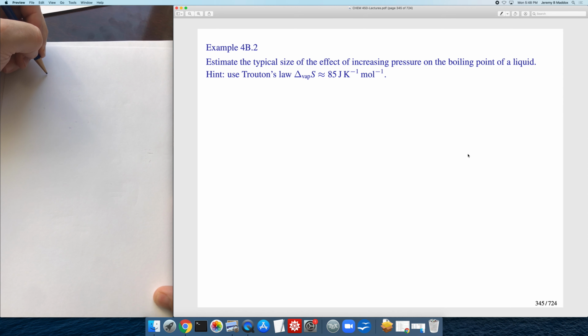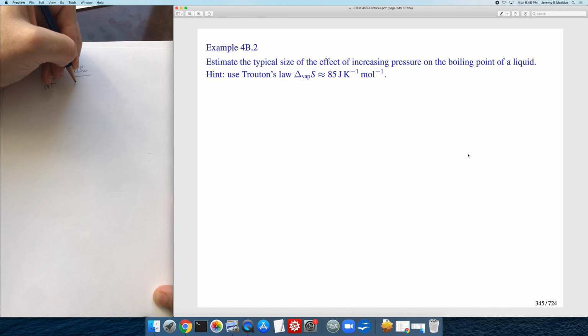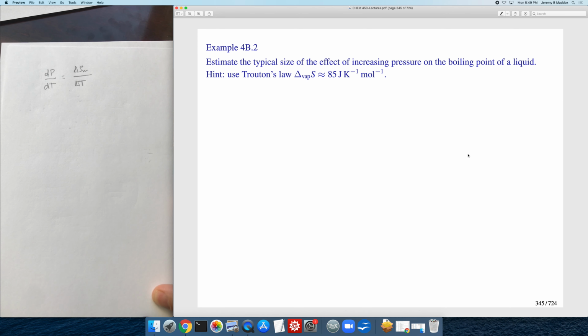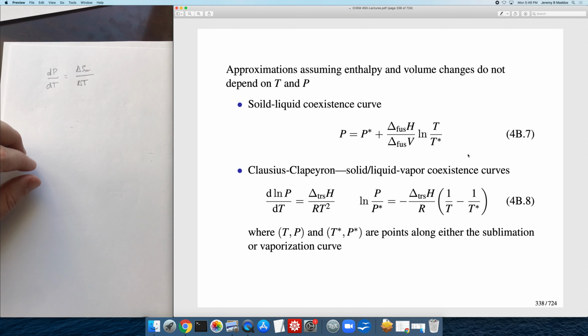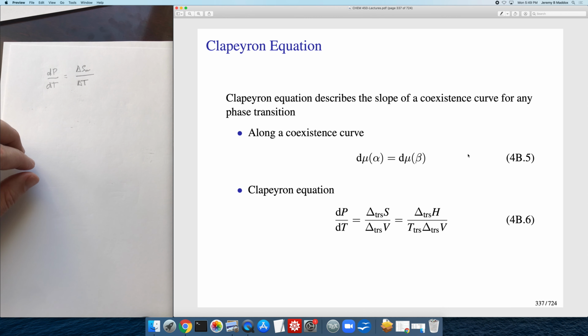So let's go to the dP over dT equals, so this is the Clausius equation again, or am I supposed to be calling it the Clapeyron equation? I can't remember. Let me check the notes. I may have been saying this wrong all along.